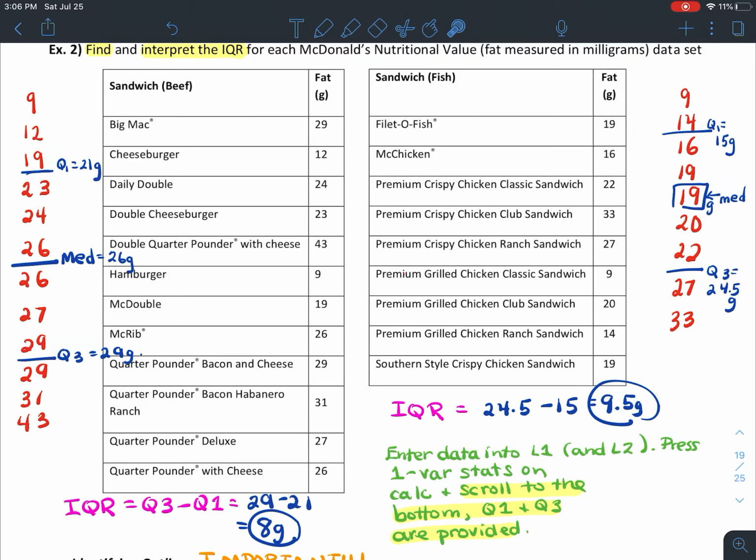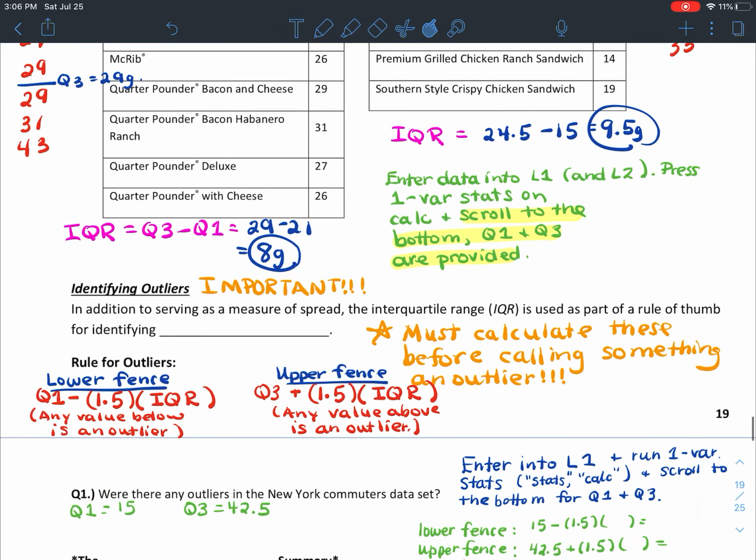What the calculator doesn't straight out tell you is the interquartile range, but it gives you Q1 and Q3. You can pull those numbers and you just have to know to subtract them to get the interquartile range. You go back and repeat the same thing, only when you press 1-Var Stats, make sure you change it so that it's doing it with the data in L2. Very, very important.